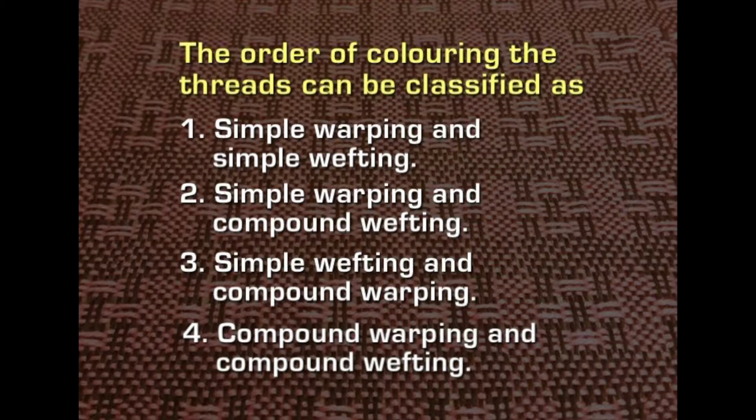When you take the first and the last one, that is simple warping and simple wefting and compound warping and compound wefting, in these two the order of warping will be same, or it may be different from the order of wefting. To each order of the coloring, simple, stripe and check weaves may be applied.